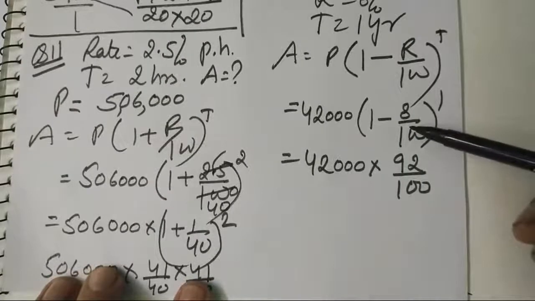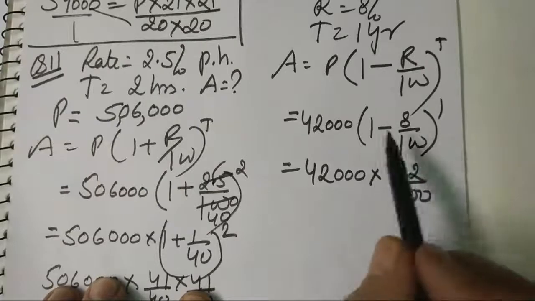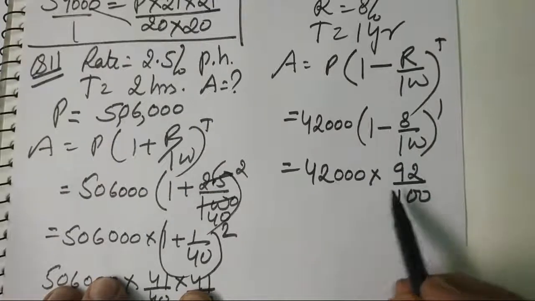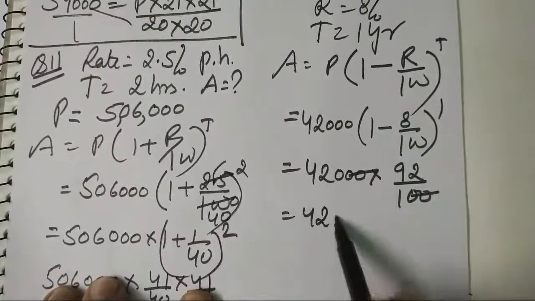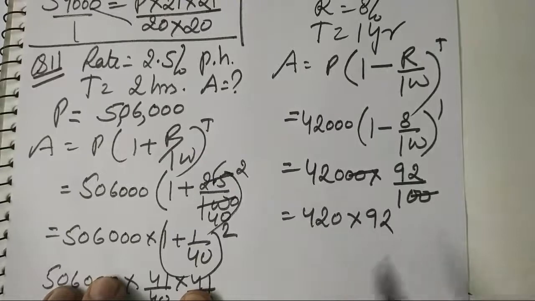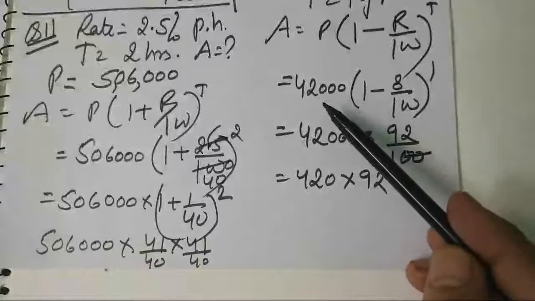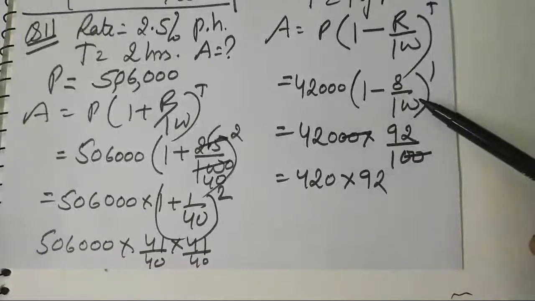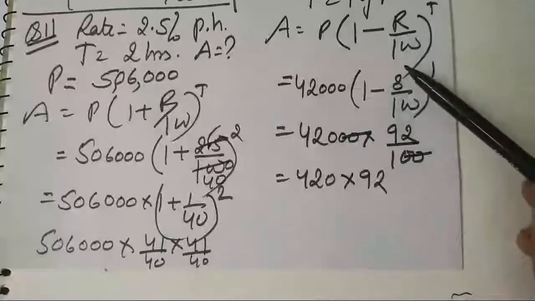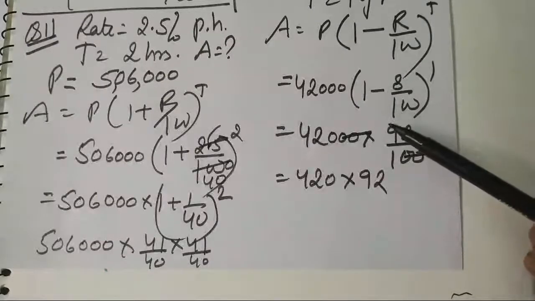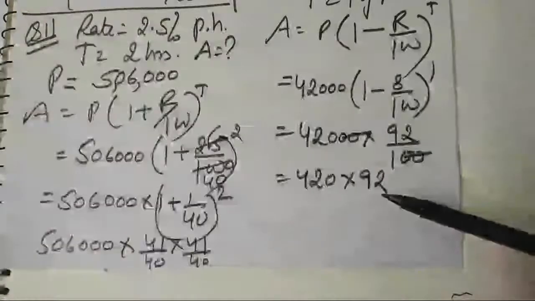Now the answer will come less because I have written the rate is minus, it is a decrease. So 1 minus 8 upon 100, when you simplify, it will be 92 upon 100, 0 will cut. So 420 into 92. This will be the value of the scooter, which will come less than 42,000 because its value is decreasing. So whenever there is an increase, we will use plus formula, and when there is a decrease in the value, you have to use minus rate. So this is how the question is done by applying the compound interest formula.